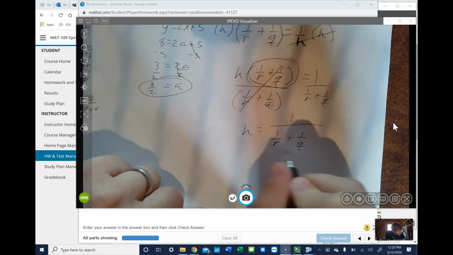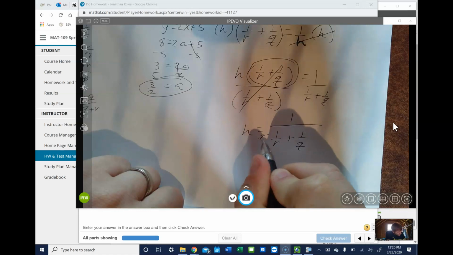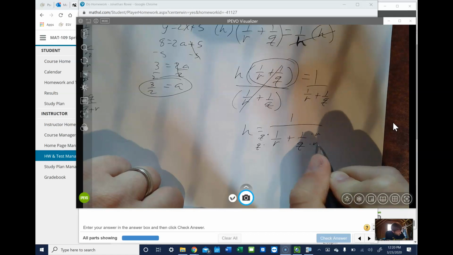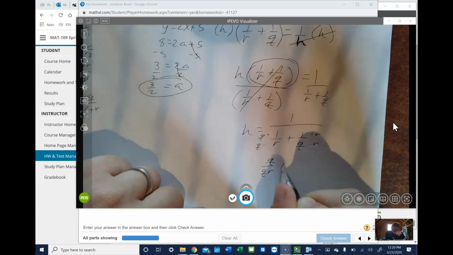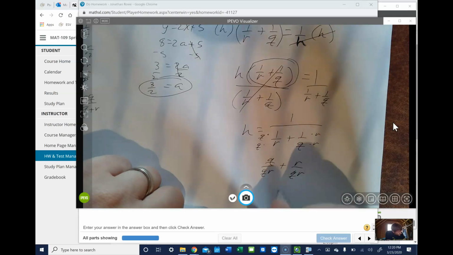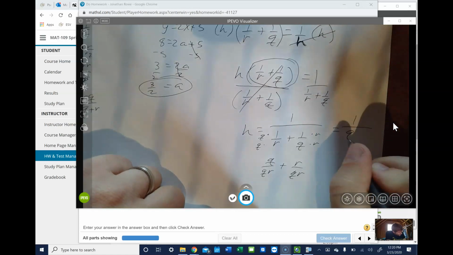Get a common denominator, which will be r times q. So I multiply this by q on the top and bottom, and this by r on the top and bottom. That gives me q over qr plus r over qr, which gives me 1 over q plus r over qr.